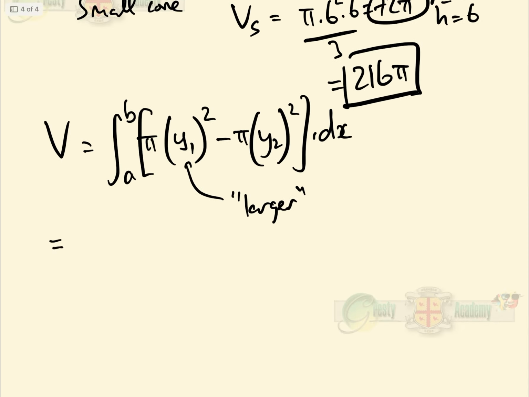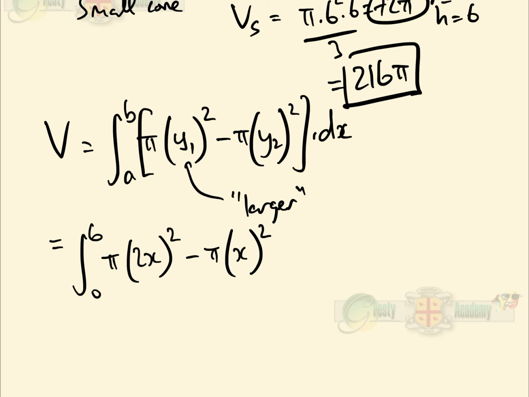We integrate that pretty much the same way as in question 1. So we have the integral between 0 and 6 of pi times 2x squared minus pi times x squared dx.